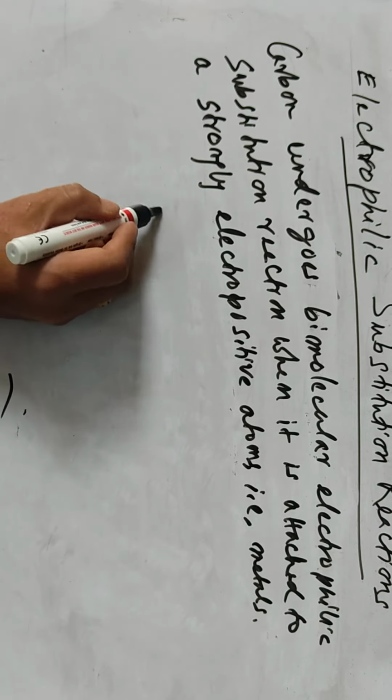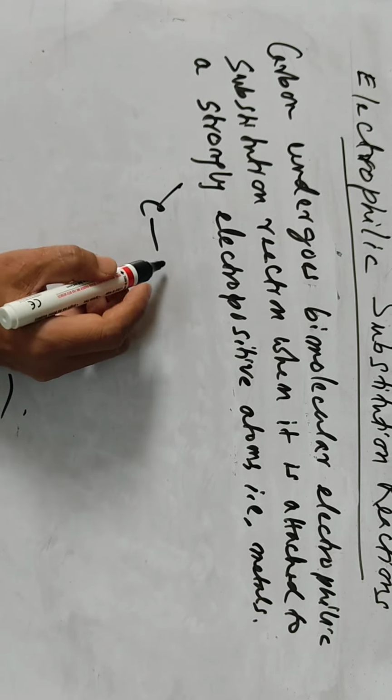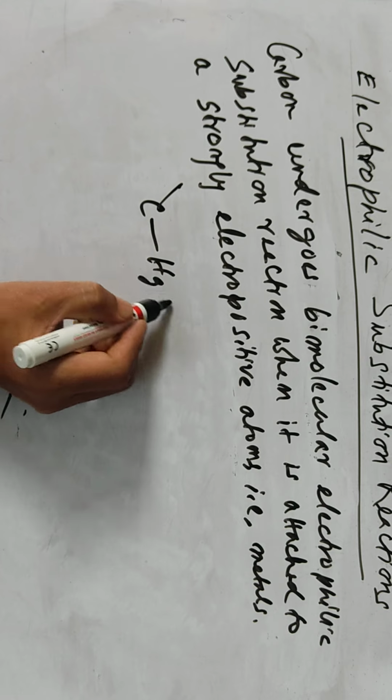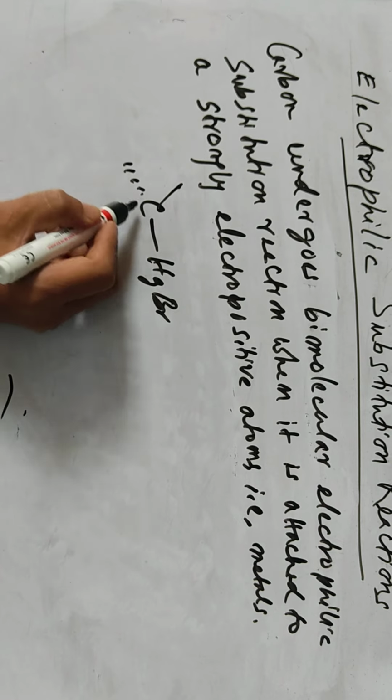So here you can have something like R-Hg-Br, so you can have this type of system.